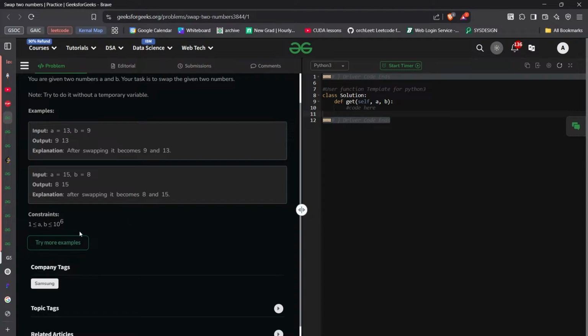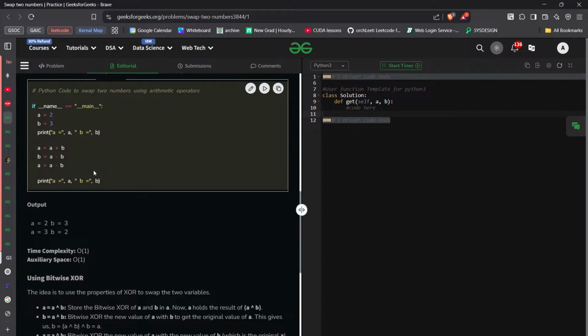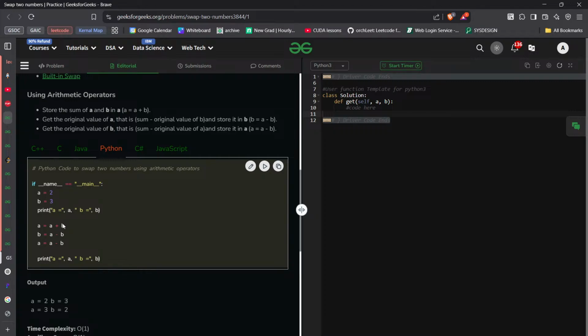So okay, swapping. How do we swap, man? I'm watching the editorial right away for this. a is equal to a plus b, b is equal to a minus b, a is equal to a minus b.